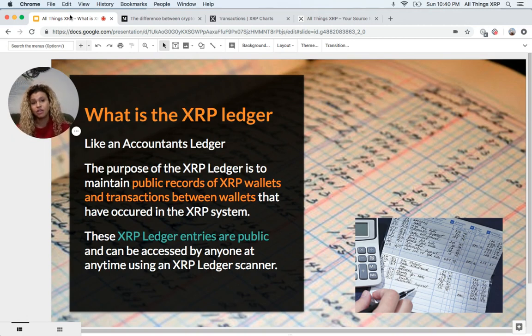It maintains a record of all of the different transactions and wallets that exist within the XRP ecosystem. The purpose of the XRP Ledger is to maintain a public record of the XRP wallets and the transactions that happen between those wallets so that everything settles. The XRP Ledger entries are public, and can be accessed by anyone at any time using an XRP Ledger scanner.